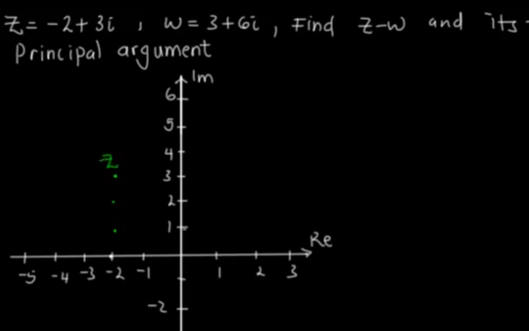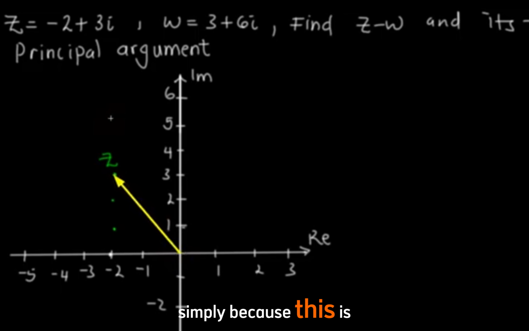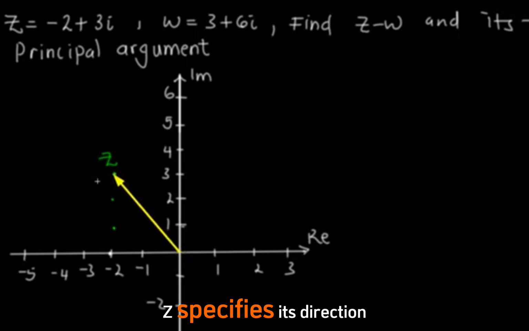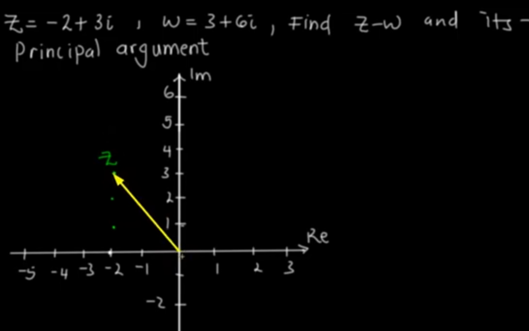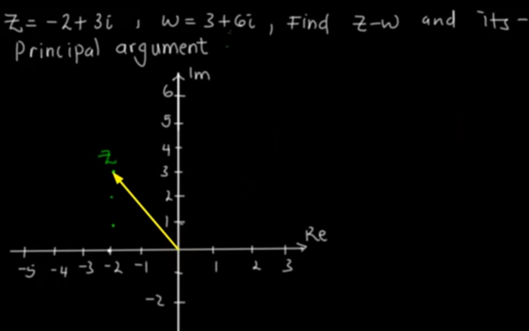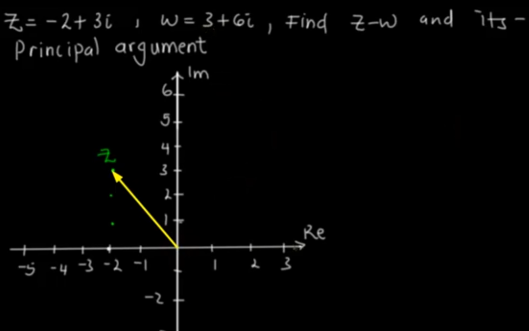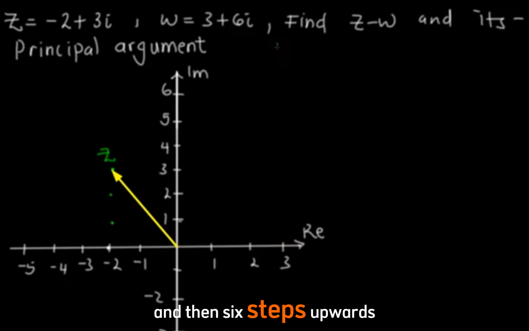So we connect z to the origin simply because this z specifies its direction from the origin. Now when we consider w, we are going to move 3 steps in the positive real axis and then 6 steps upwards.